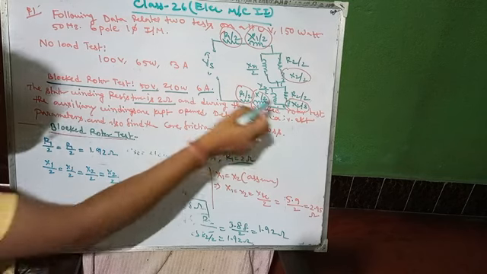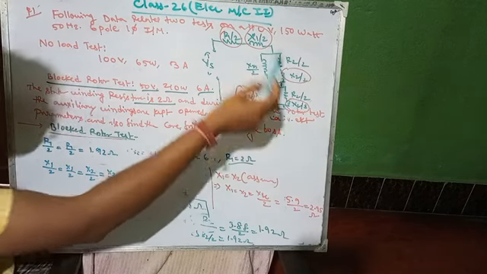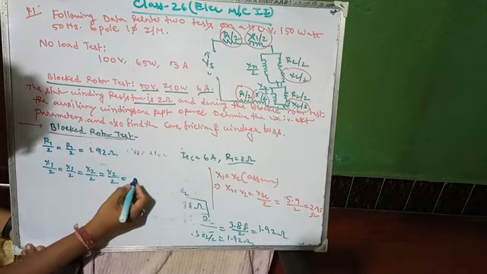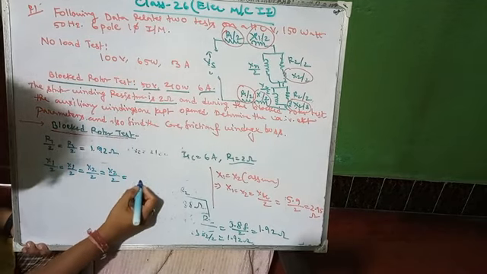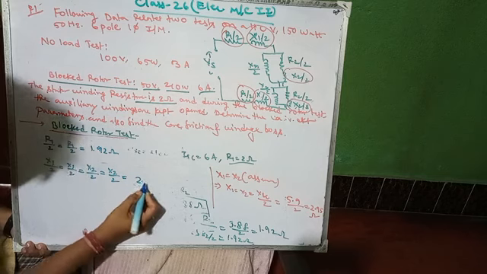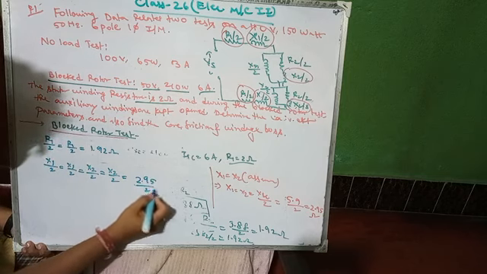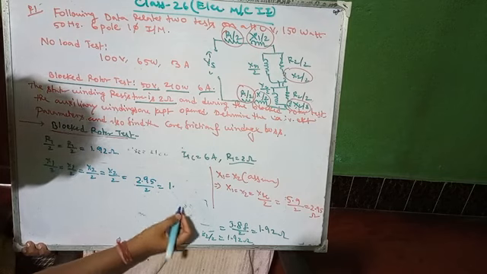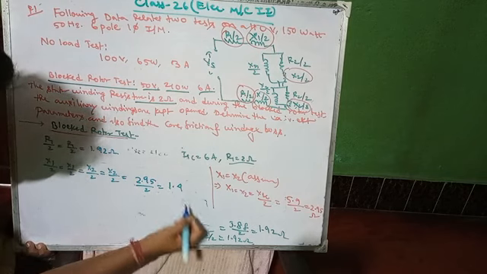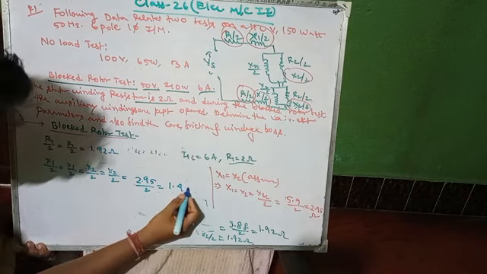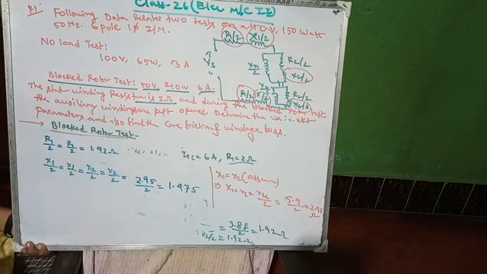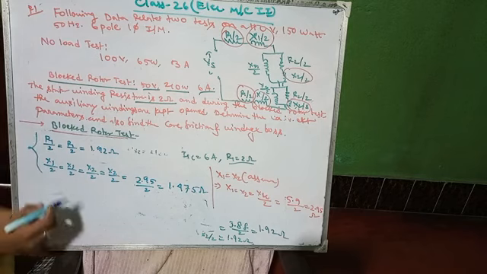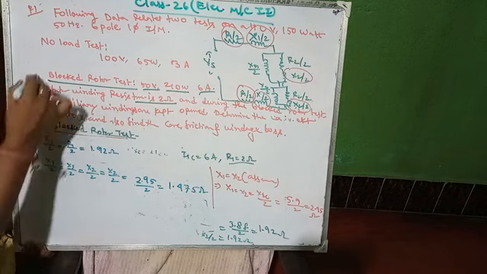That means four components, 1, 2, 3 and 4. These four components we calculate as 2.95 by 2. How much will it be? 1.475, right?